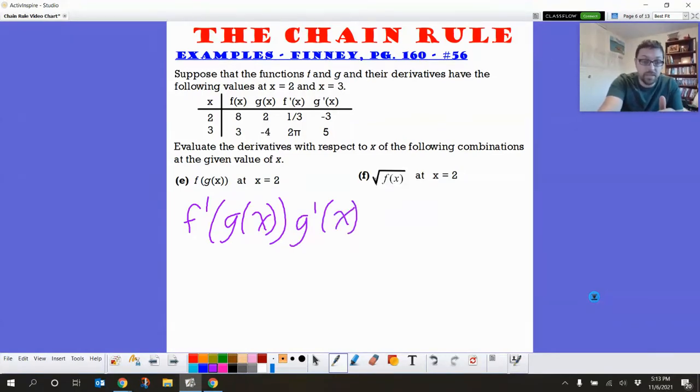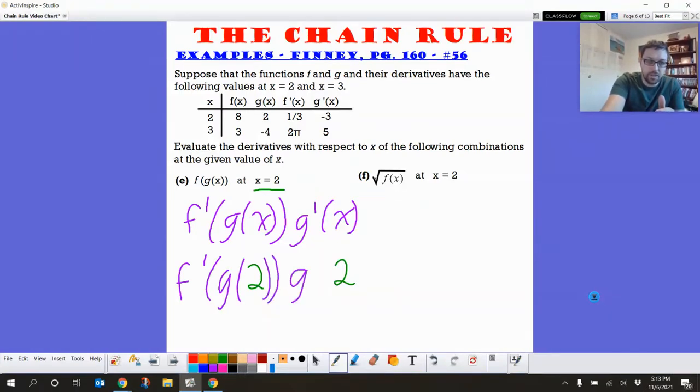But this was asking us to find those values at 2. So we just need to put a 2 in these two spots. So that's f prime of g of 2, and then g prime of 2.